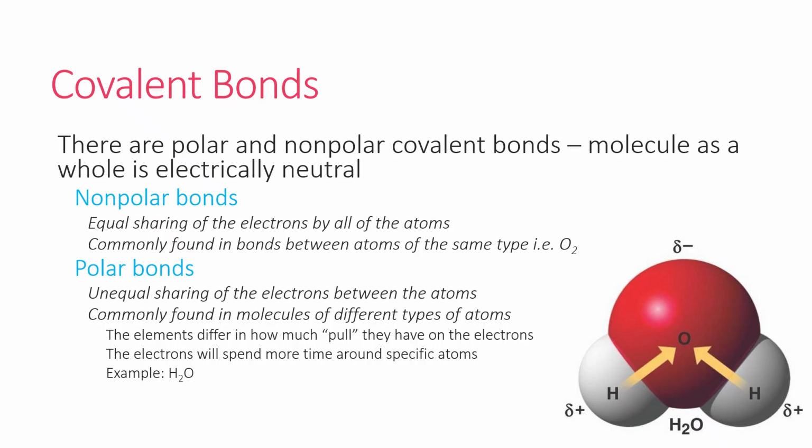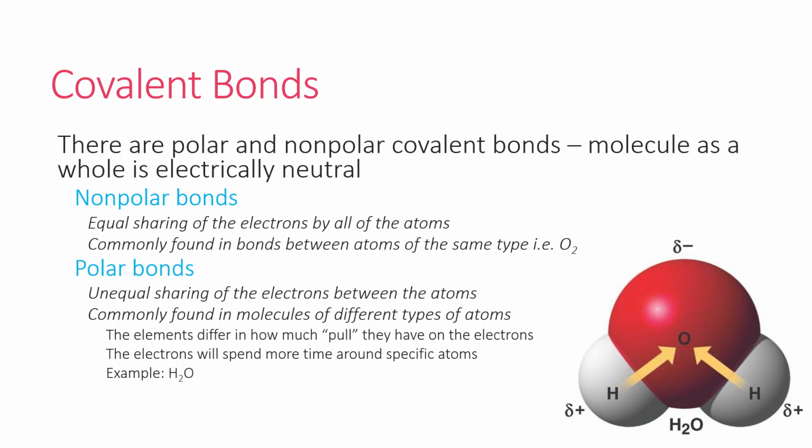Which means this hydrogen at any given point most likely does not have any electrons, and neither does this one, whereas those two extra electrons are most likely going to be in oxygen's sphere of influence, if you will.